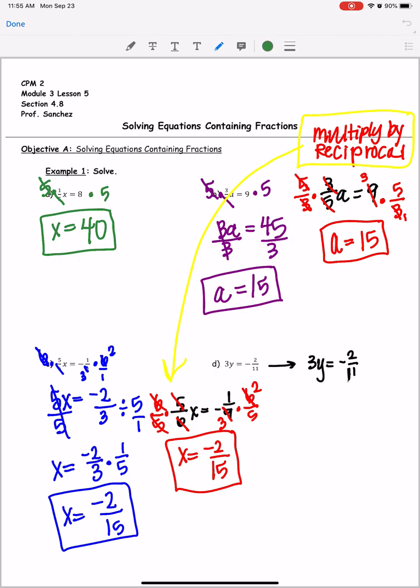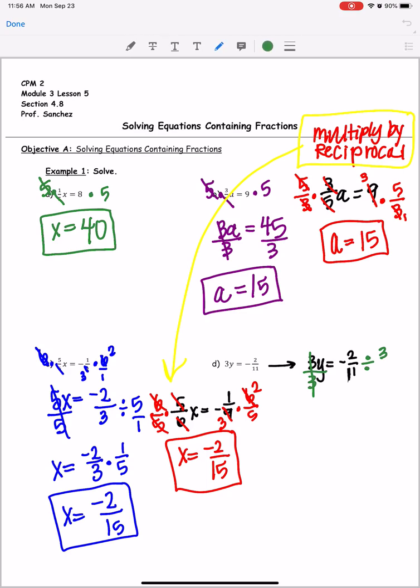All right, so this is kind of going to be like this portion over here. To get y by itself, we have to divide. What I do to one side, I'm doing to the other. So I'm dividing by 3.